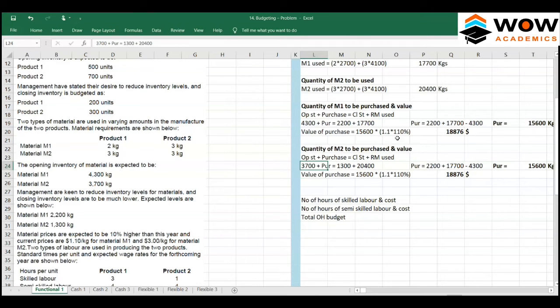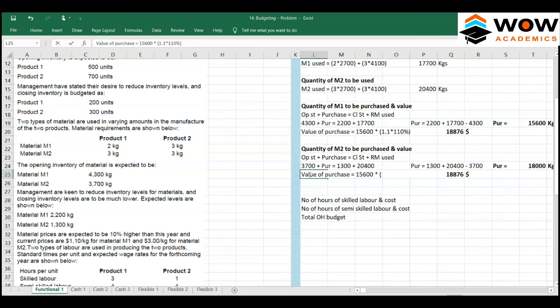So now we can find out the purchase. Okay, so we got the answer. It's 18,000 kgs that was going to be purchased.